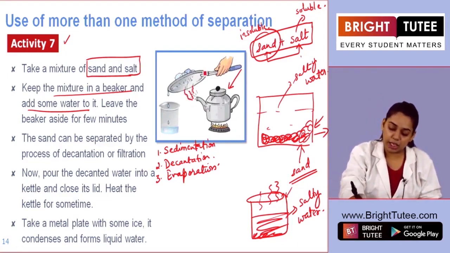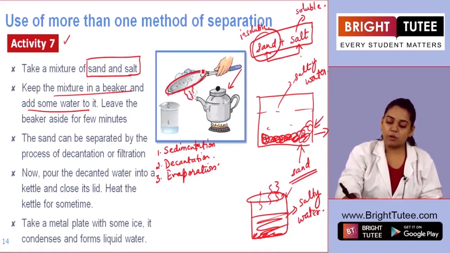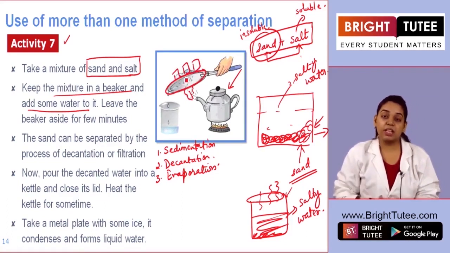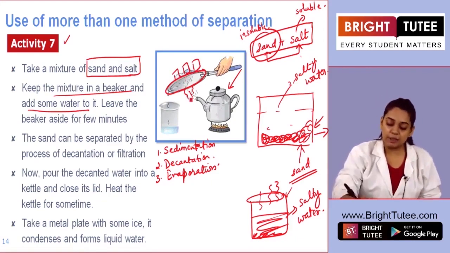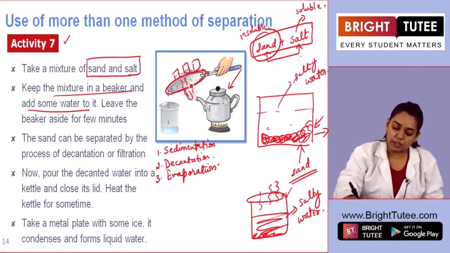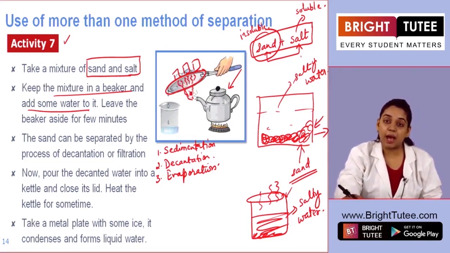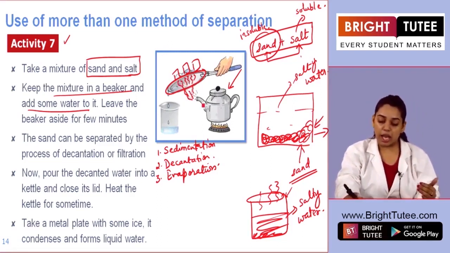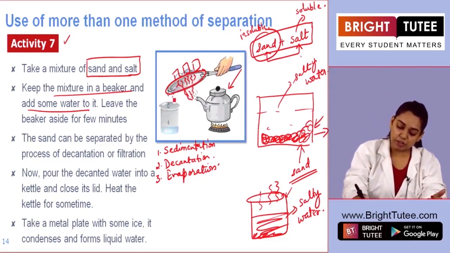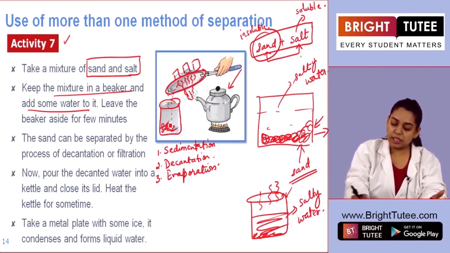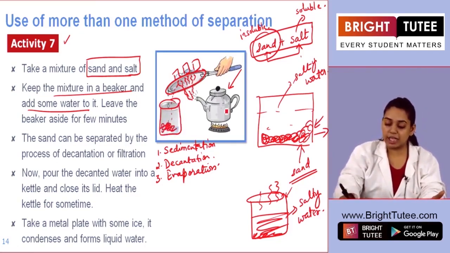We will take a metal plate and over this we will place ice, so this plate will be very cold, and once the steam comes in contact with this metal plate, it will be condensed back into water, and we will collect this pure sample of water in this beaker, and this electric kettle will be left behind with salt.